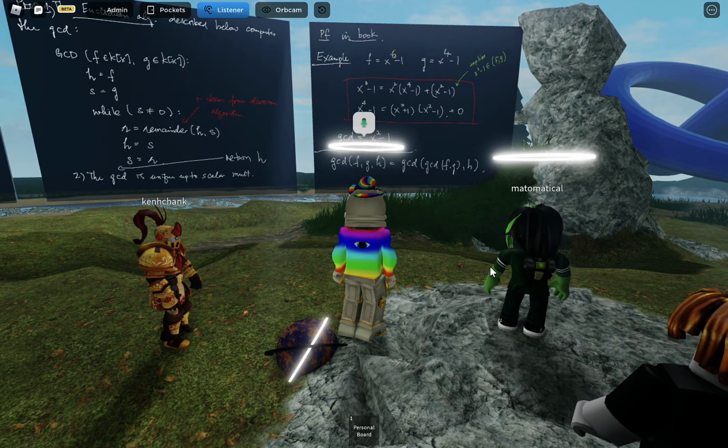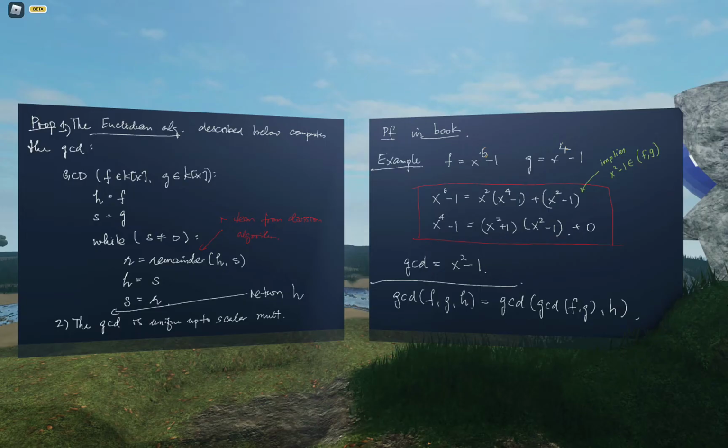Yeah, I think this is a good example, if I can butt in for a second. So this first equation gives us that x squared minus 1 is in the ideal generated by f and g.